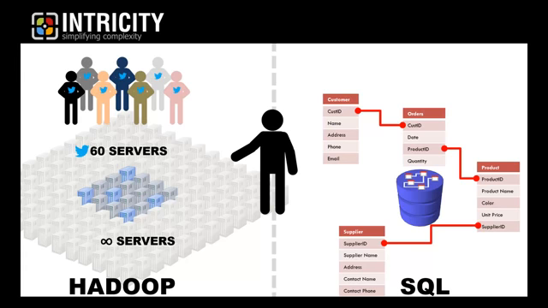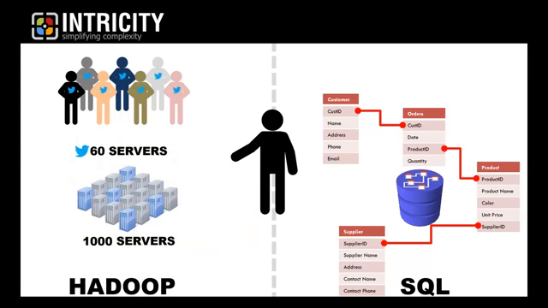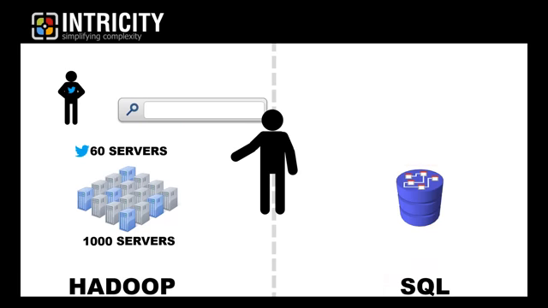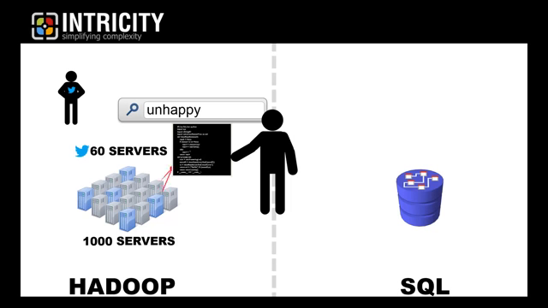So let's stick with my earlier example, and we'll say that we have 1,000 servers in our Hadoop cluster. Now imagine I'm searching Twitter data and I want to see all the sentences that have the word unhappy. The structure of the query in Hadoop will come in the form of a Java program, and that program defines the request and distributes the calculation of that search across all the 60 replicated copies of my profile in HDFS.